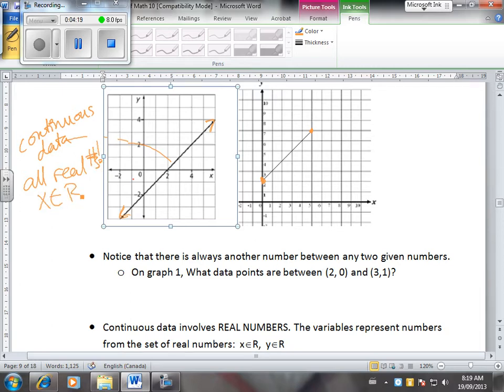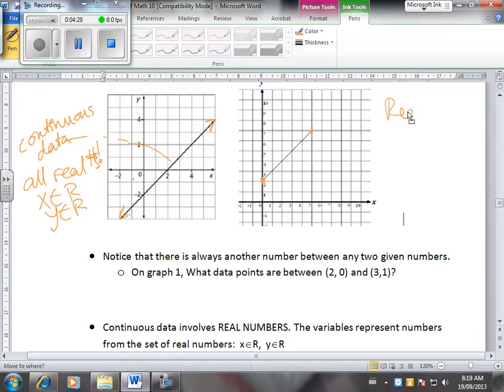Okay, so if we want to do part of set notation, remember this isn't total set notation, but that's what that would look like. Whereas over here, this is still real numbers, and whenever you have a solid line, that's going to be real numbers, because remember we talked about how real numbers are all the numbers that we think of, like, all the numbers on a number line, like -5 and 5 and 0 and 1, but also all the decimals in between, so 1.5 and 2.89, all those things count as real numbers too.